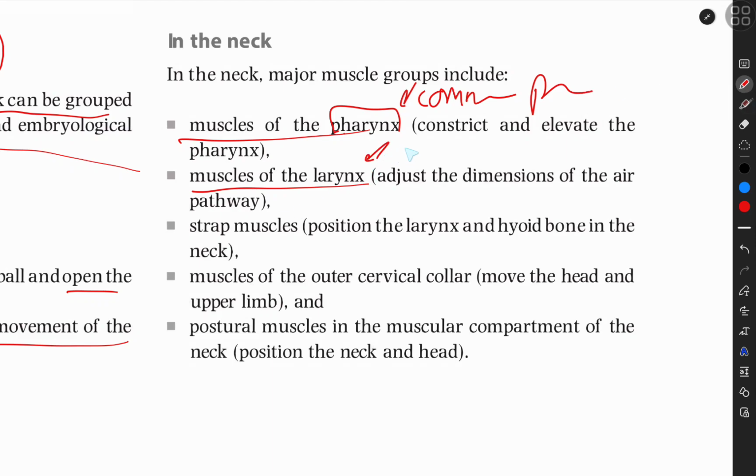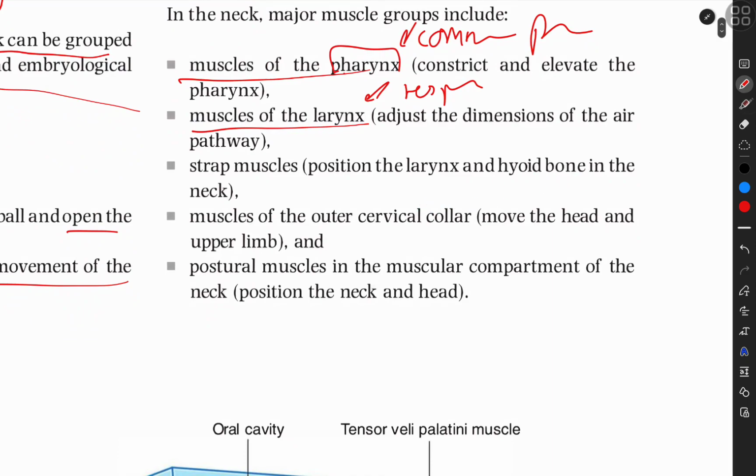The larynx is the passageway to the respiratory tract. Strap muscles position the larynx and hyoid bone in the neck. Because they are like straps, they hold one thing against another. Muscles of the outer cervical collar move the head and upper limb. And the postural muscles in the muscular compartment of the neck position the head and neck.